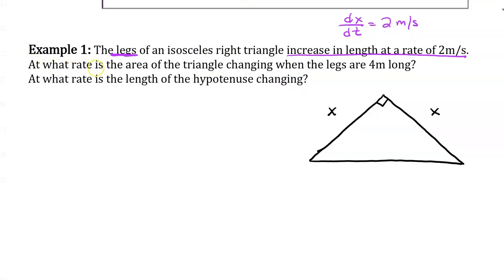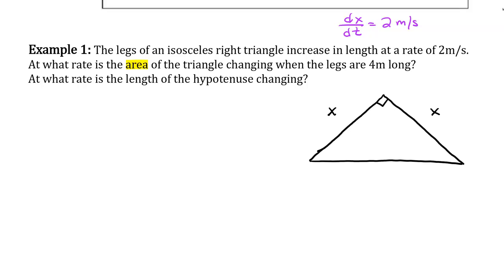At what rate, okay, so they're finally asking us a question. At what rate is the area of the triangle changing when the legs are 4 meters long? The key word there is area. What do we know about the area of a right triangle?